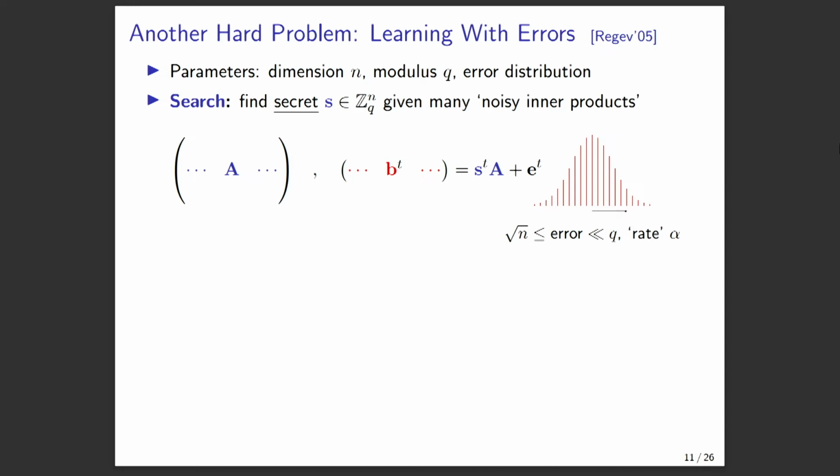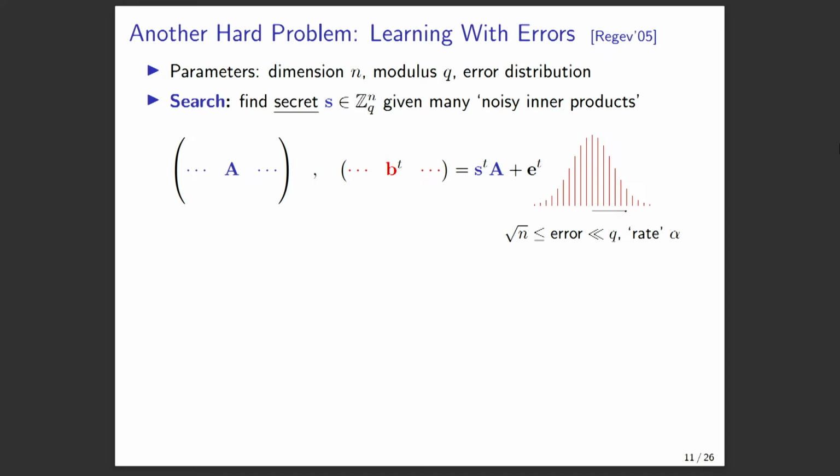Okay? So if this makes sense, the secret is now a row vector. We transpose it as a row vector, and it gets multiplied by each of the columns, inner product with each of the columns of A, and then an error vector is added to that, and that is your vector of B terms. Okay? So the goal is to find the secret given this A, and then S times A plus noise.